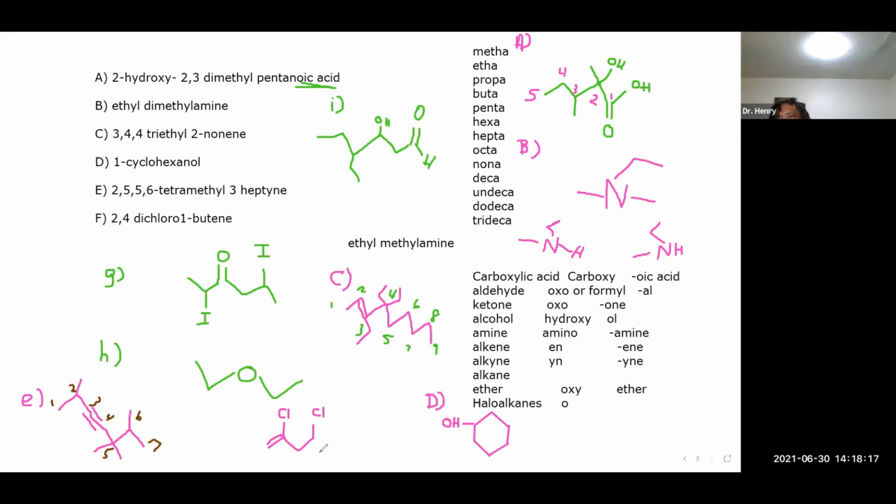Okay, so let's name these next ones. First thing I'm going to do with G is count the longest chain. That's 1, that's 2, that's 3, that's 4, that's 5, that's 6.